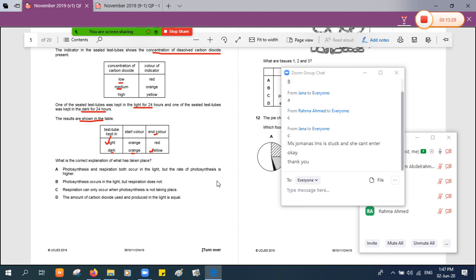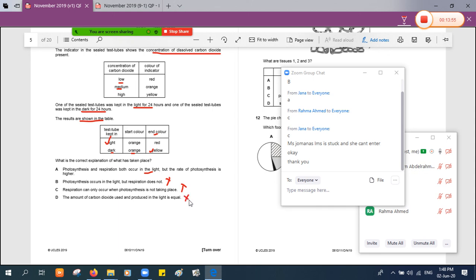Photosynthesis and respiration both occur in the light, but the rate of photosynthesis is higher. What do you think? Photosynthesis occurs in the light, but respiration does not? Of course, no. Respiration can only occur when photosynthesis is not taking place? No. The amount of carbon dioxide used and produced in the light is equal?